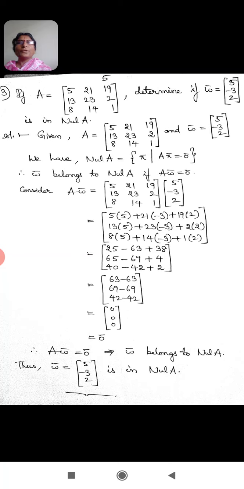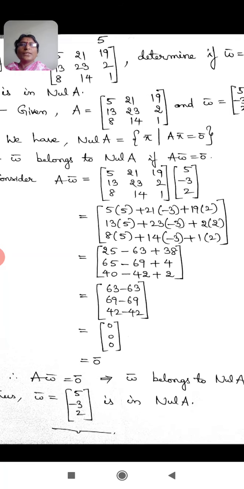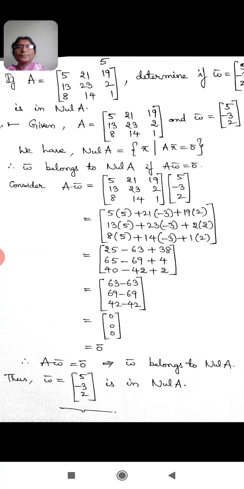As there are 3 columns, we suppose that there are 3 variables in the system of linear homogeneous equations, and we are given 3 equations which are written briefly in the matrix as A equal to 5 21 19 13 23 2 8 14 1. Now we are asked to determine if W bar, equal to 5 minus 3 2, this column vector, is in the null space of the above matrix A. Let us move on to the solution now.